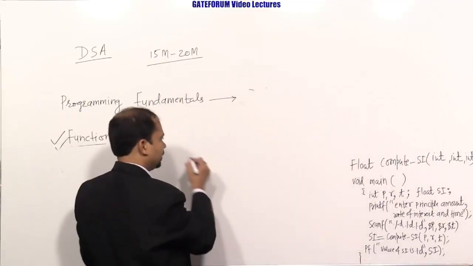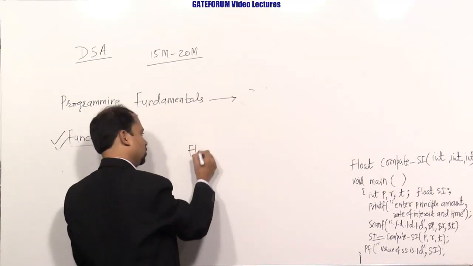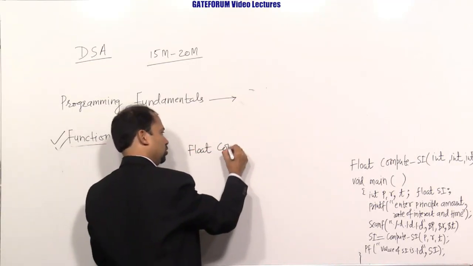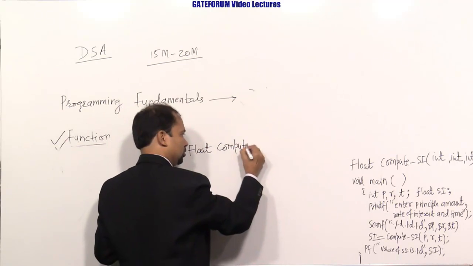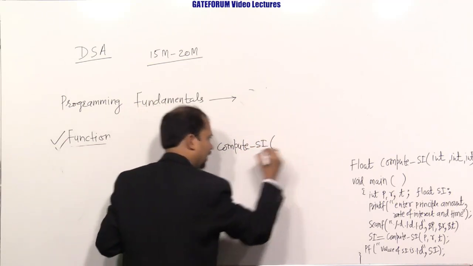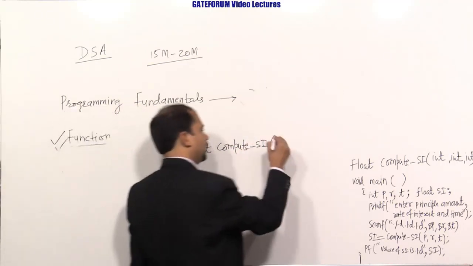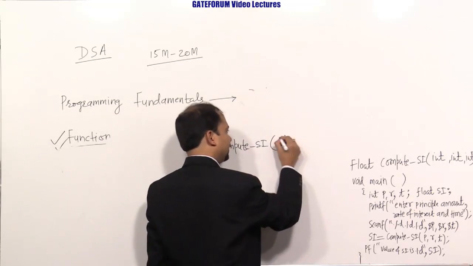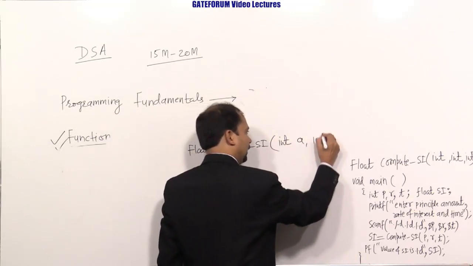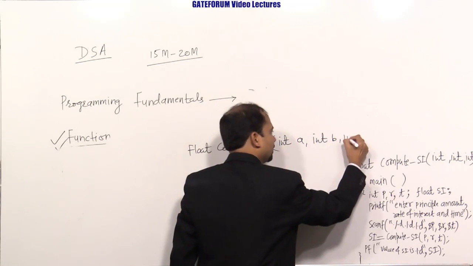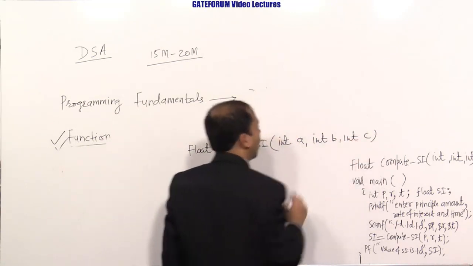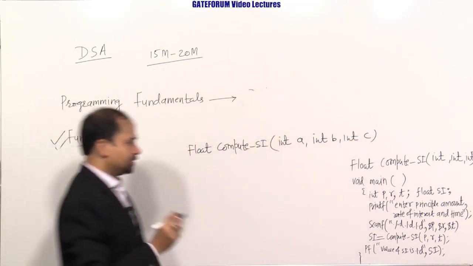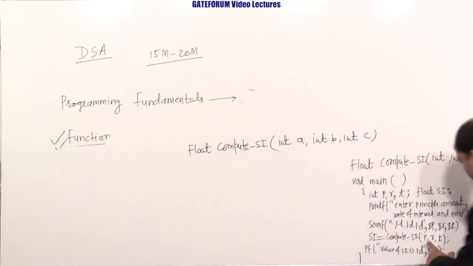So float, the name of the function is si. Here we are going to accept three things: int a, int b, int c. Now there are two things. See, here we passed p, r, t, so this is called the actual parameter.